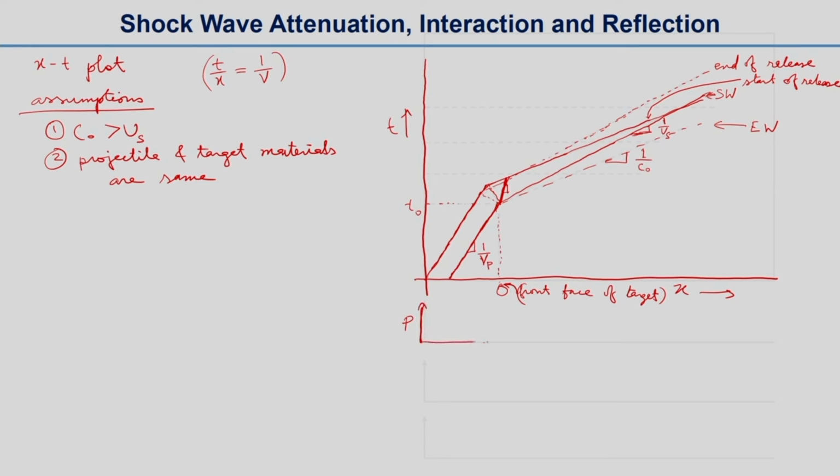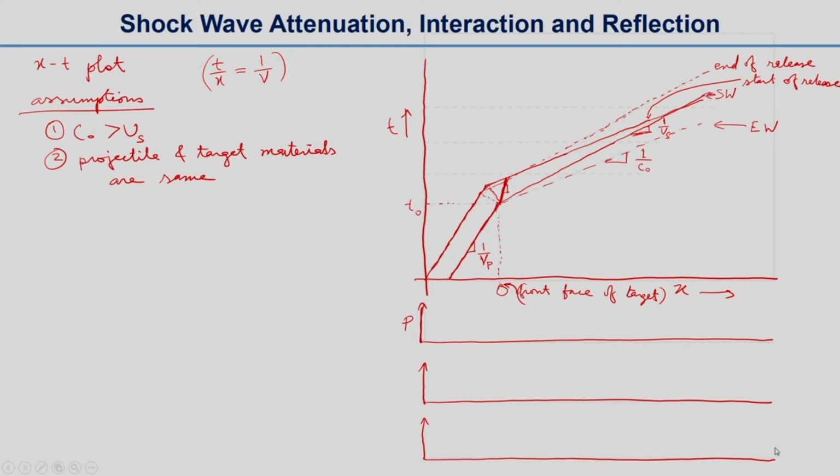So, let us say we are drawing at 3 different times. Let us say the first one is for time t equal to t1, then time t equal to t2 and time t equal to t3, all are pressure versus x.